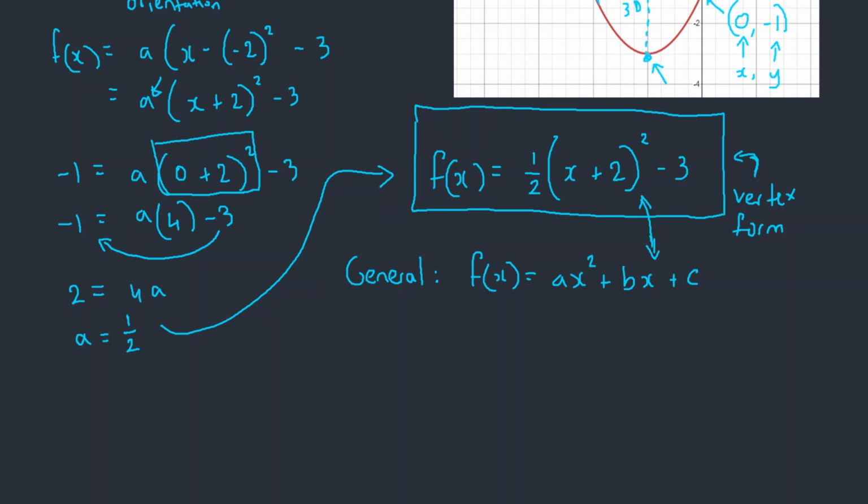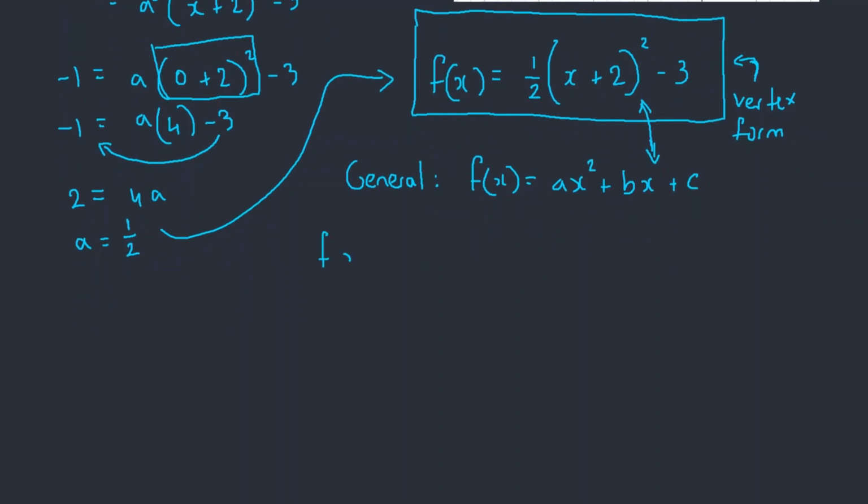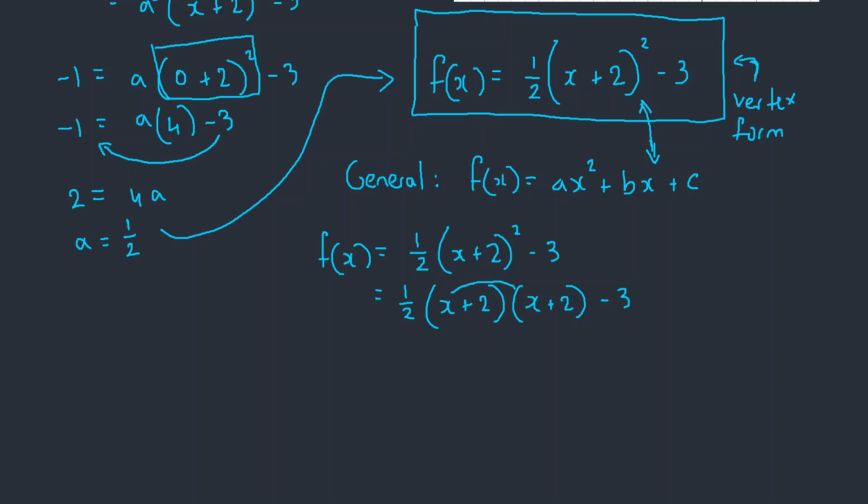I'm just going to take our equation and rewrite it over here, equal to half (x + 2)² - 3. And I'm just going to expand it. So the way I expand it is I'm just going to write the bracket out twice, minus 3, and then I'm going to perform some FOIL on this.